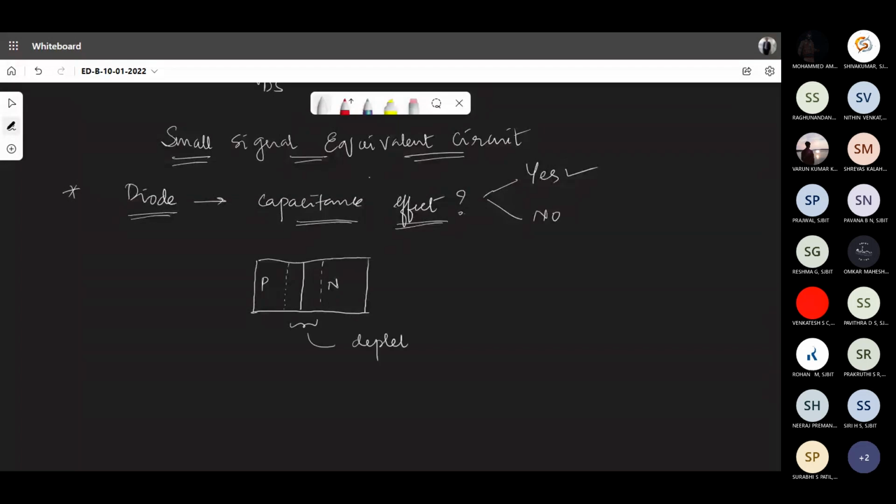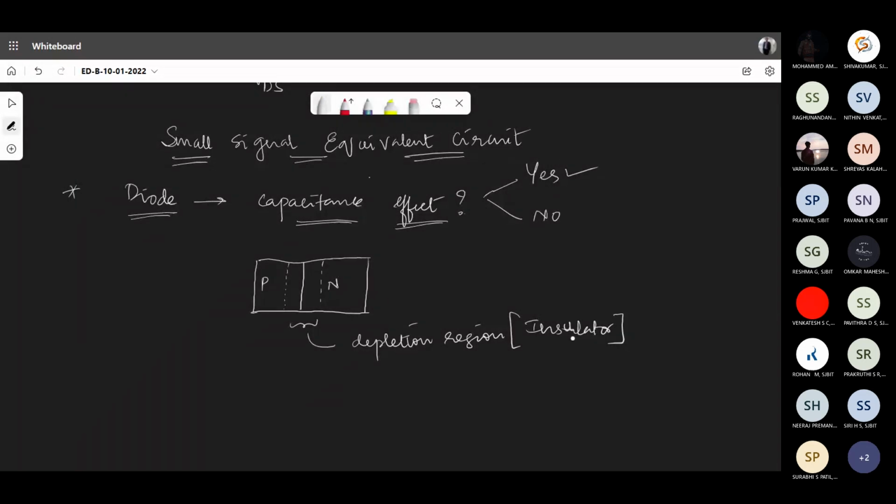You all know it. The depletion region is a good insulator because it won't contain any free charge carriers within it. So it's a very good insulator as such.